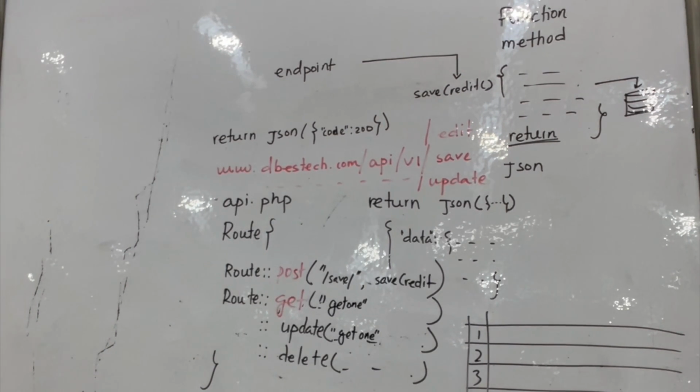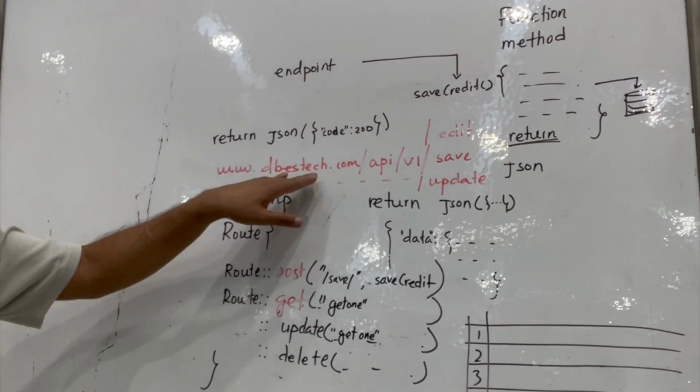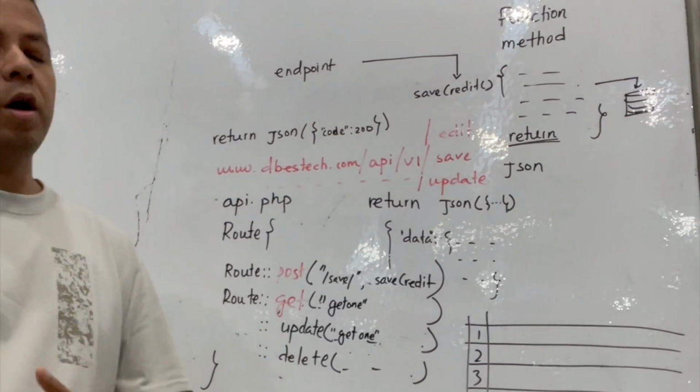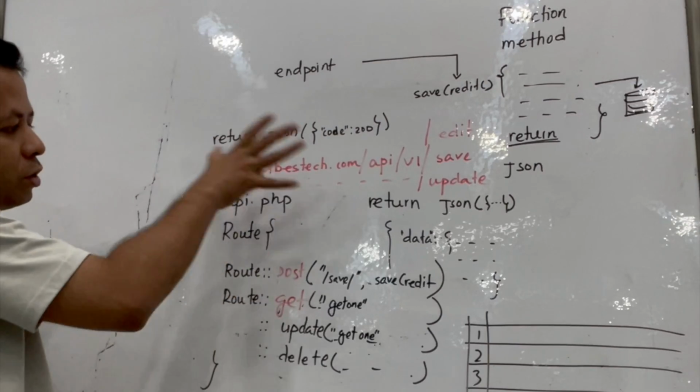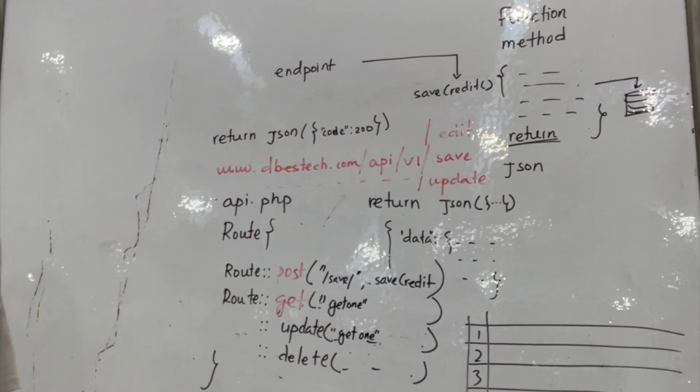Hidden in the sense that programmers don't mention it in the API itself. Okay? So how to know whether it's update or get? Only because when you type in this one and hit enter in the browser, it first goes to the server, looks for this file, and then it looks for the match. Okay, that's how it works.